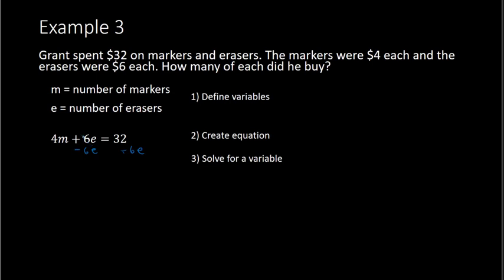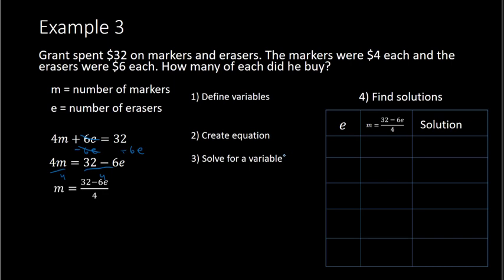So I subtract that over to move it to the right side. Now we have 4m equals 32 minus 6e. And then from this point, I can get rid of the 4 by dividing both sides by 4. Now I have m equals 32 minus 6e over 4. And at this point, we can use this to find our solutions.